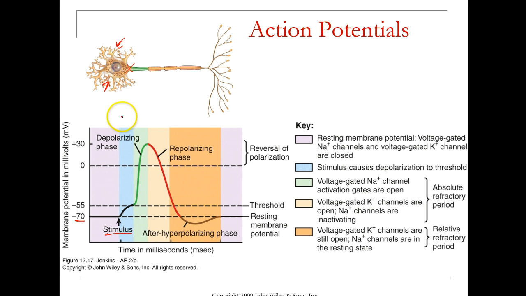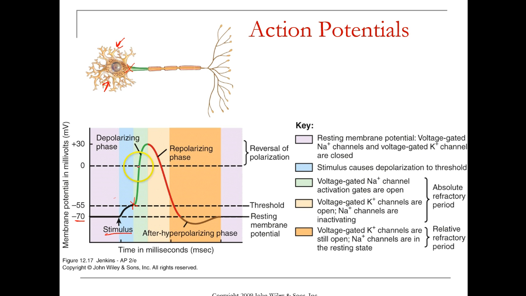If we hit the threshold at that trigger zone, then we start into our action potential. So that's what we see down here with our stimulus. Right here, it hits the threshold at the trigger zone. And if it does that, then we have our action potential.